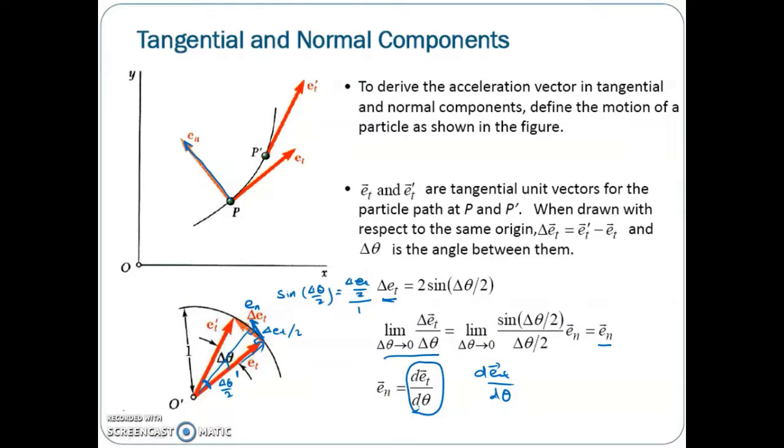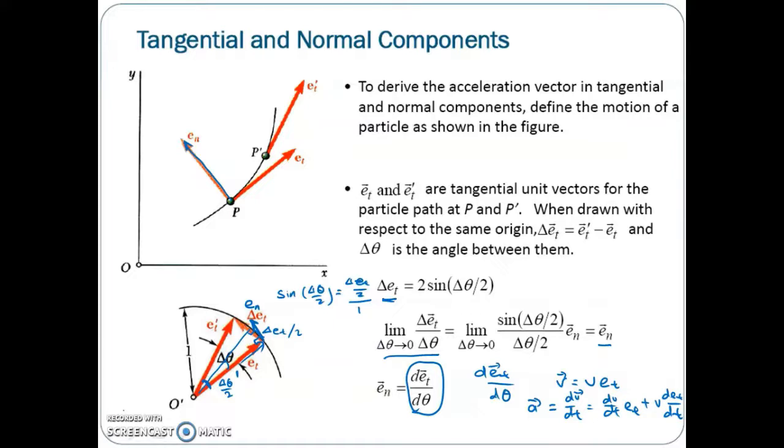So, recap: previously we have our velocity vector v equals v in the tangential direction e_t, right? If we want to determine the acceleration vector a, we do differentiation, so we have a equals dv/dt, which equals dv/dt e_t plus v de_t/dt.